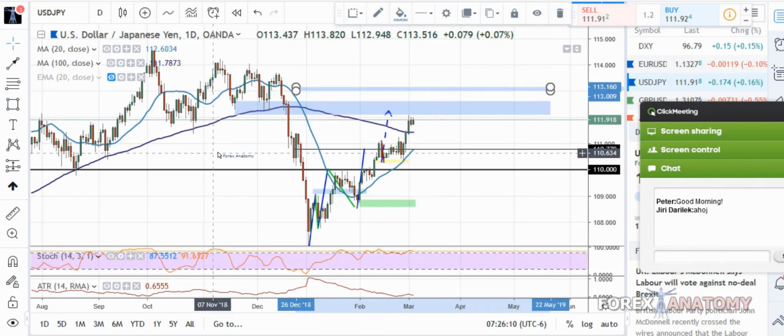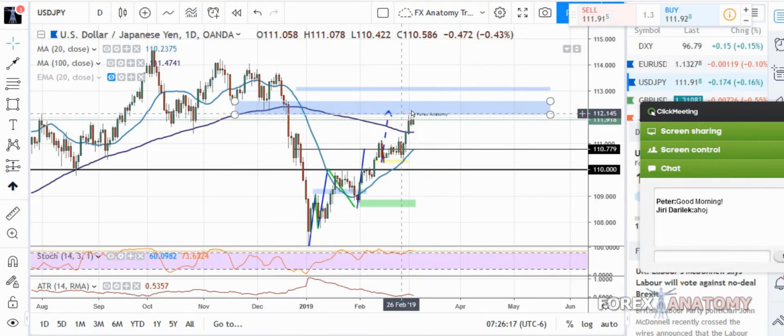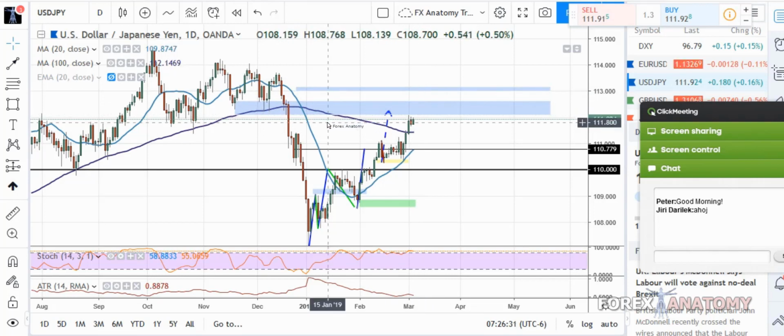So price could find resistance and some supply down here to push price lower, or we could see a push higher up into this area right here, and then find a nice solid push lower or slide to the downside as well.